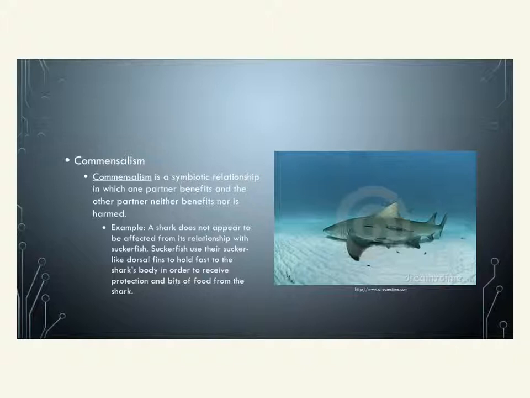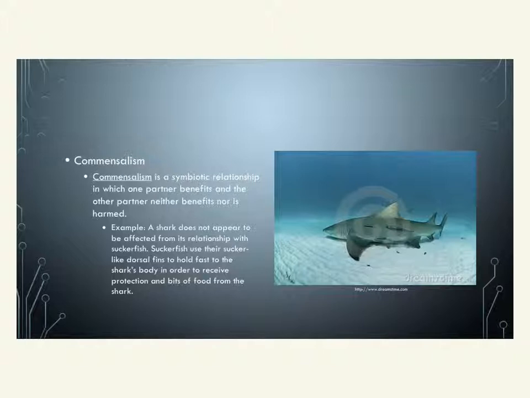They're going to use their sucker-like dorsal fins to hold fast to the shark's body, and that's going to allow them to receive protection because you're not going to have too many things coming to pick on the shark. Also, they get access to little bits of food from the shark that the shark maybe misses.